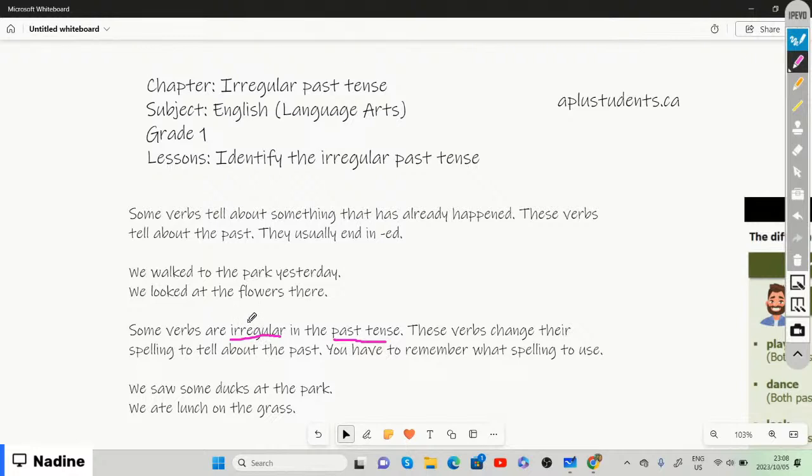These verbs change the spelling. So now the spelling changes. We don't just add ed to show that it is in the past. The spelling of the verb changes. So these verbs change the spelling to tell us about the past.